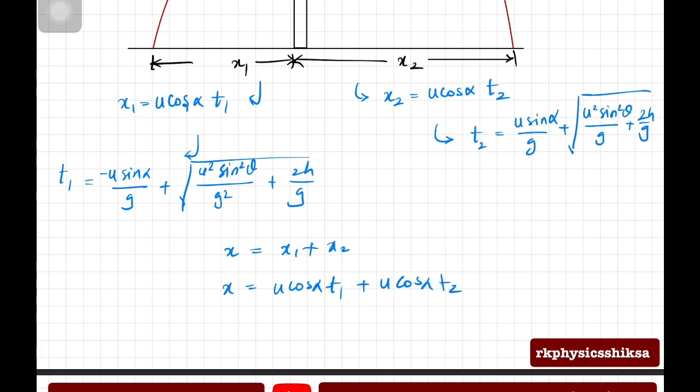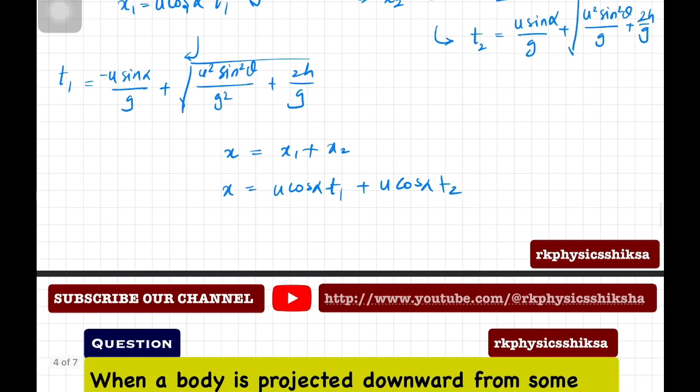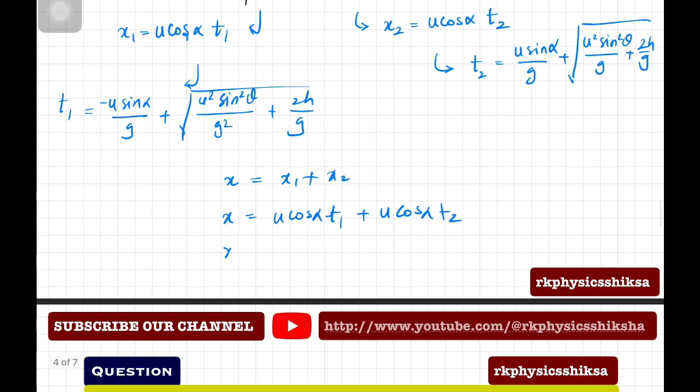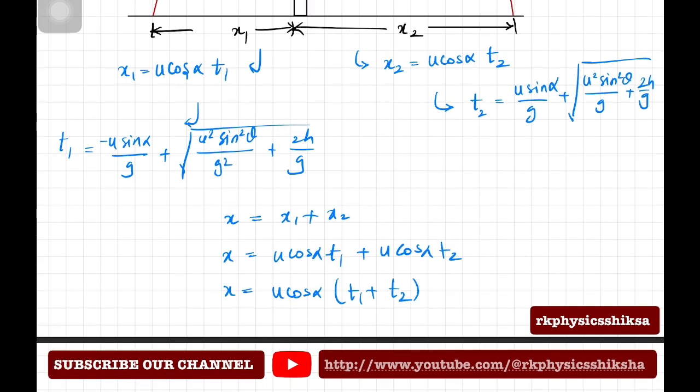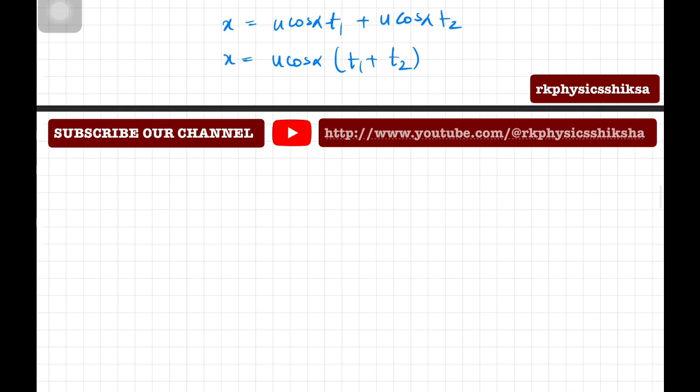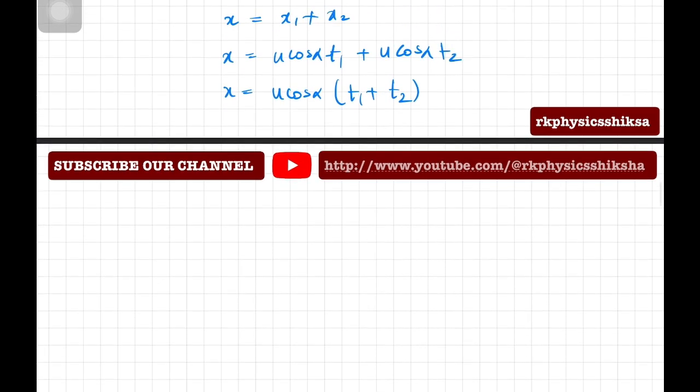I know the value of t1 and the value of t2, so just substitute them here. Taking u cos alpha common, I get x equal to u cos alpha into t1 plus t2. I know the value of t1 and I also know the value of t2, so add them both.